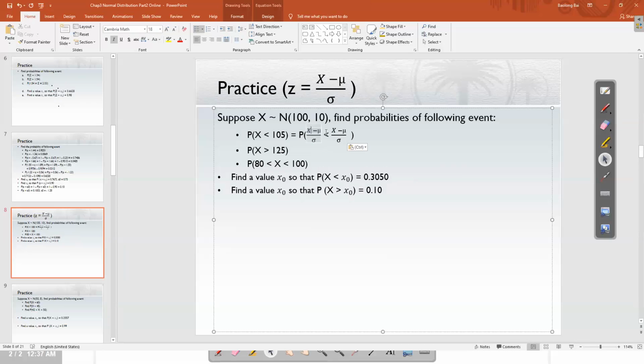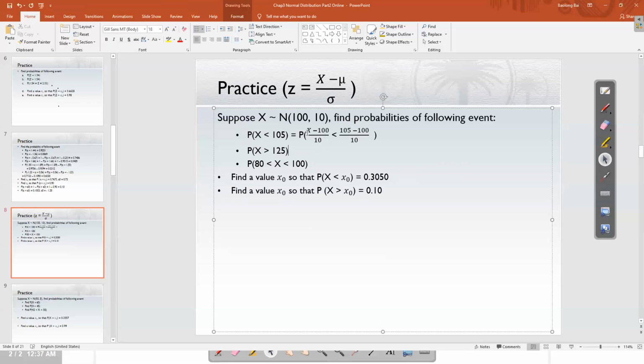On the left-hand side, we start with x, subtract the mu, 100, then divide by sigma as 10. On the right-hand side, we start with the number 105, then subtract the mu, then divide by sigma, sigma equal to 10. So the probability will become this, right?